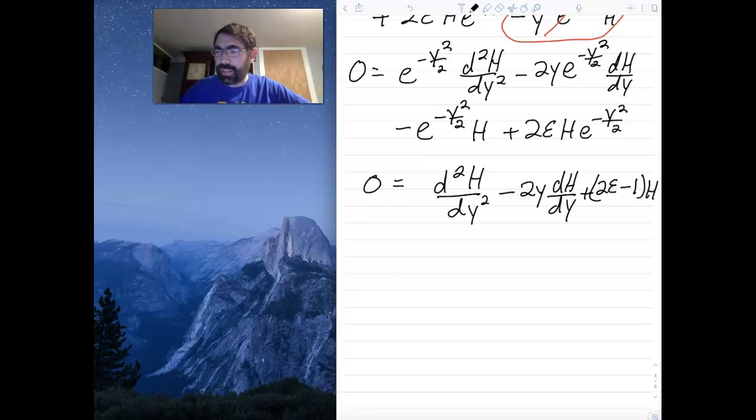And so we're going to say that h is now going to be a polynomial starting with n equals 0, and we have the terms a_n y to the n.